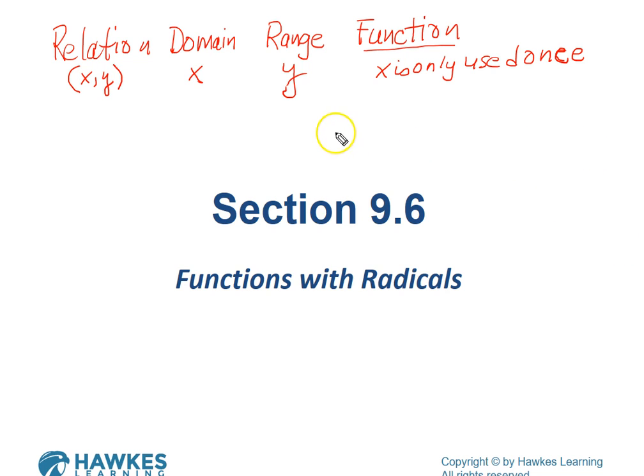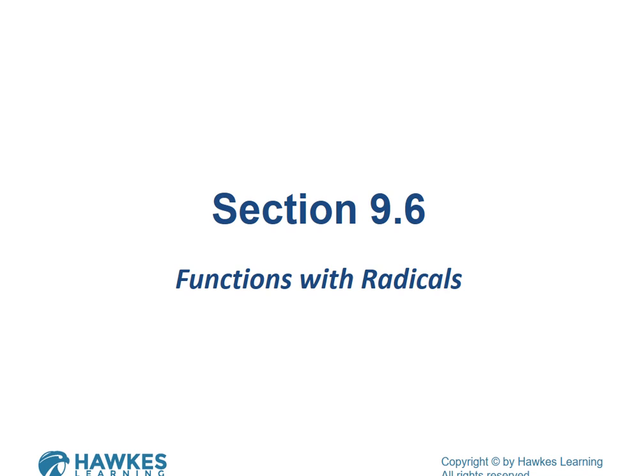And then we have to keep in mind also something in here, that you can't have a negative value under the radical sign. It has to be 0 or larger than 0. Can't be a negative value. So these are some of the little background things we're pulling in to move on into this section here.